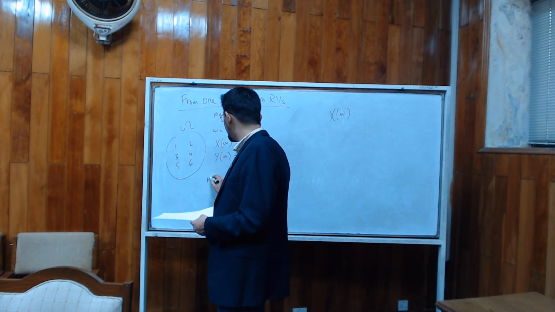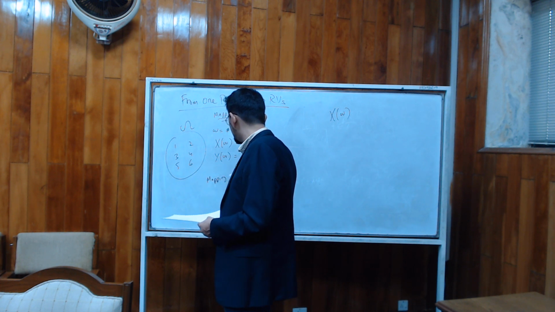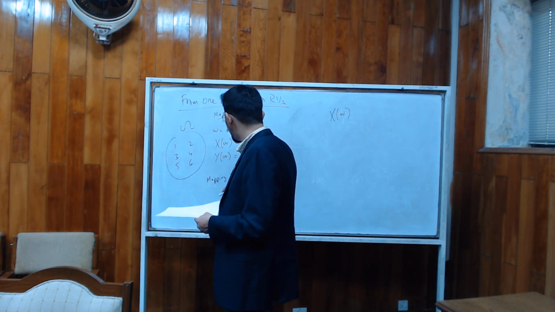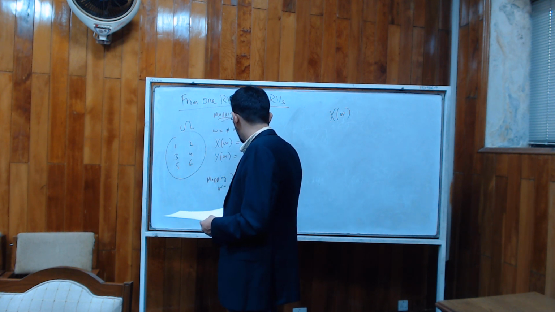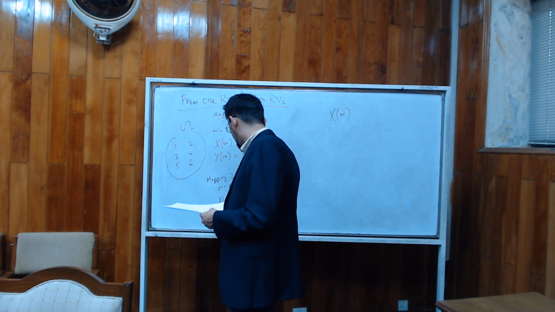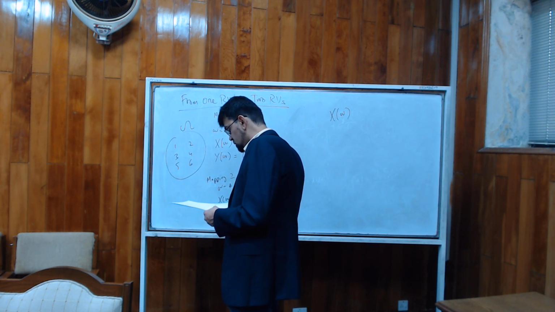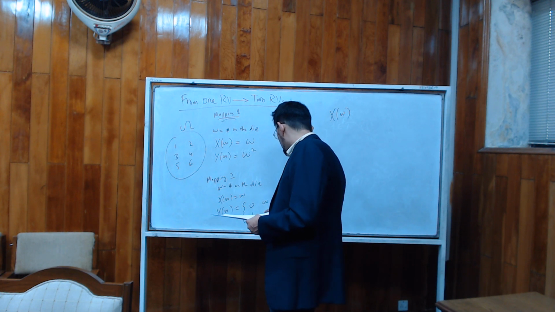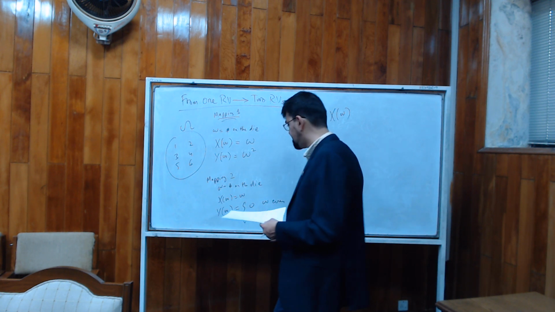There's another mapping we could do, just like we saw for the single case. So I will go through it faster because we've discussed it in detail. Again, omega is the number on the die that shows up, and I say x(omega) is omega and y(omega) is 0 if omega is even, 1 if omega is odd.